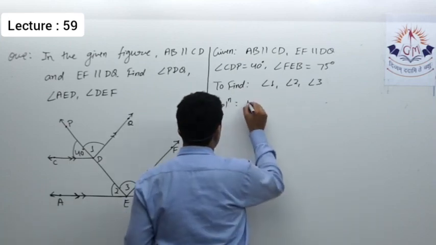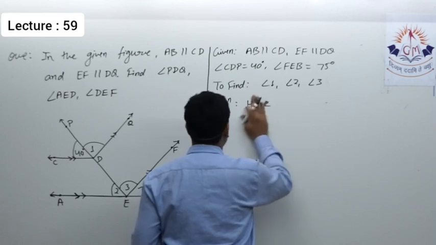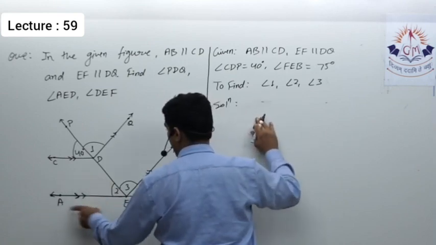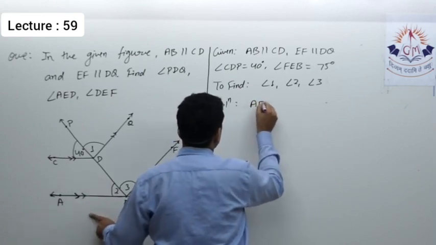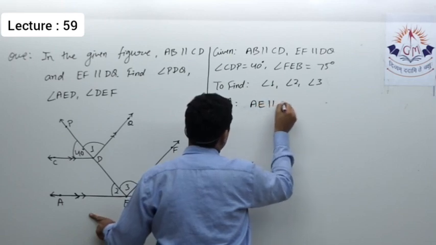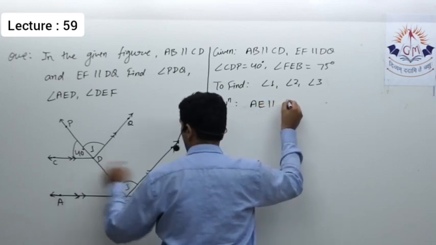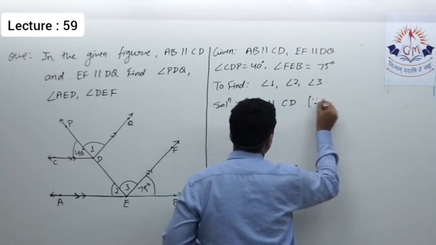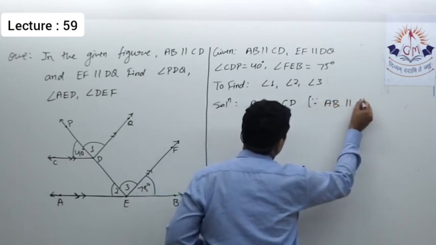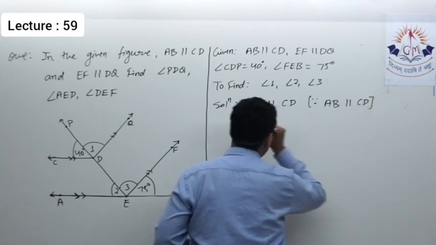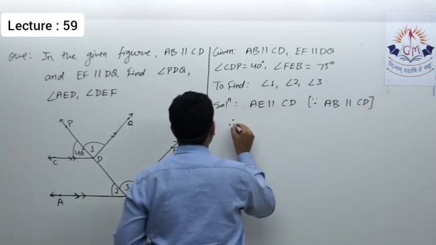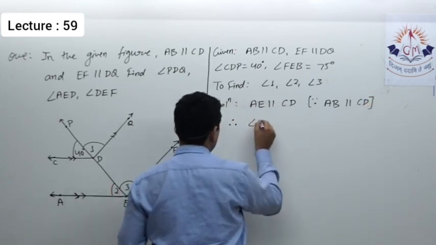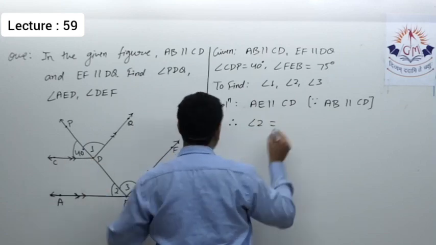Simply I can say AE parallel CD, yes, AE parallel CD. Why AE parallel CD? Because AB parallel CD. If two lines are parallel, their parts are definitely parallel. And therefore, as these lines are parallel, I can say angle 2 is equal to angle CDP.